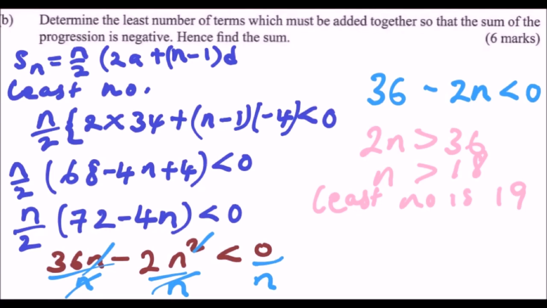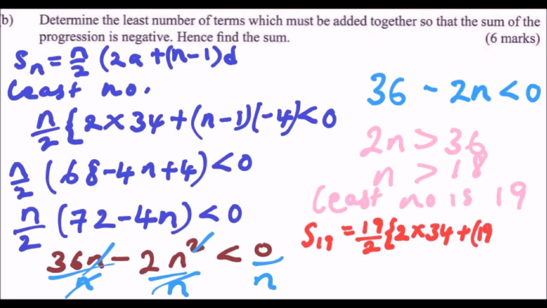So you say the sum of the first 19 terms, n is 19, is equal to 19 over 2 into bracket, 2 times our a, which is 34, plus n minus 1, that is 19 minus 1, multiplied by minus 4, close the bracket.